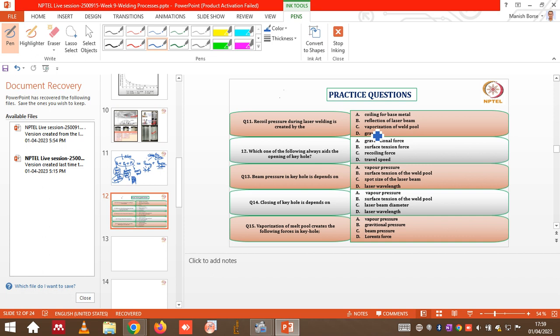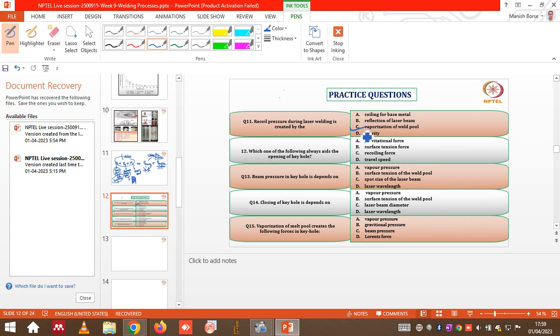So recoil pressure during the weld is created by vaporization of the weld pool. Okay, so because of vaporization, these vapors try to escape to the atmosphere. So it will apply the rebound pressure on that. Okay, so it will aid the keyhole formation, or it will try to expand the keyhole.